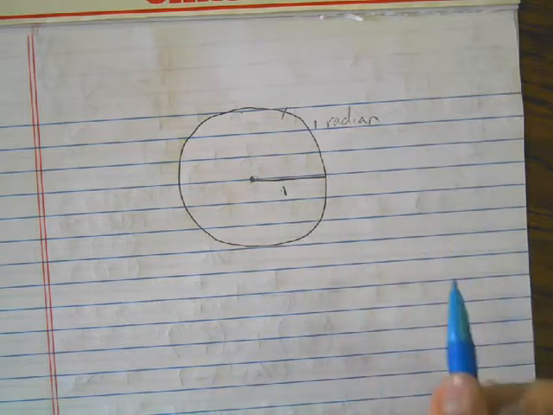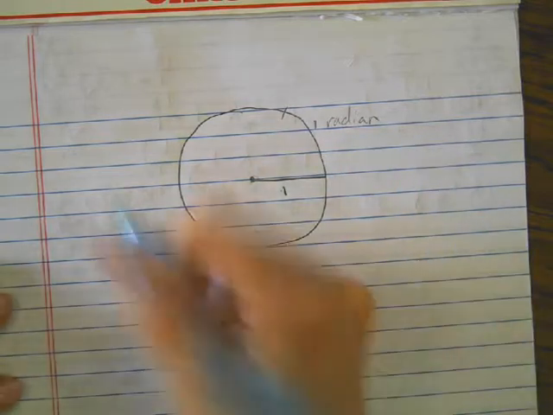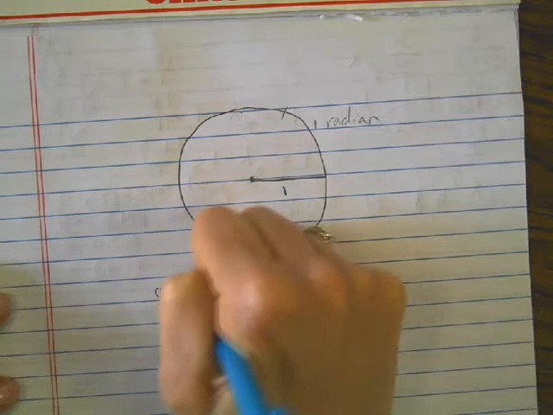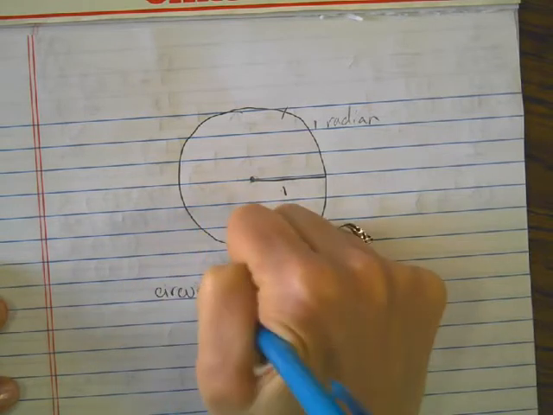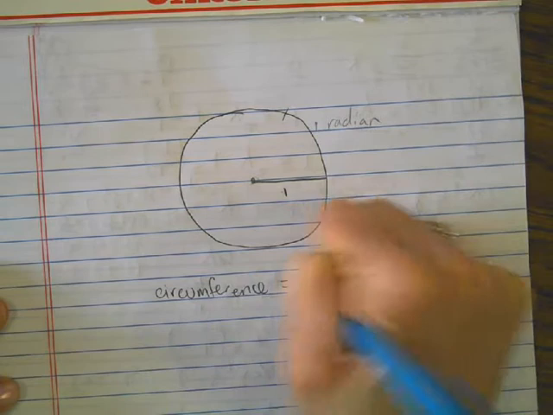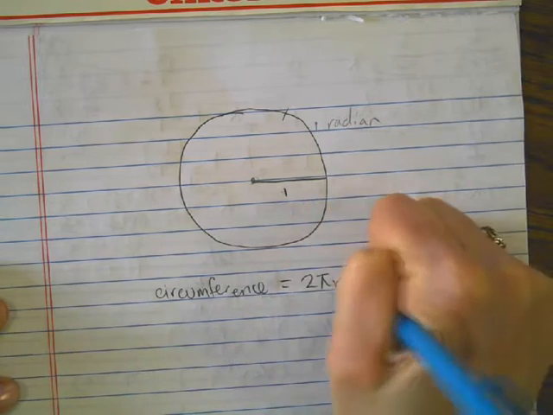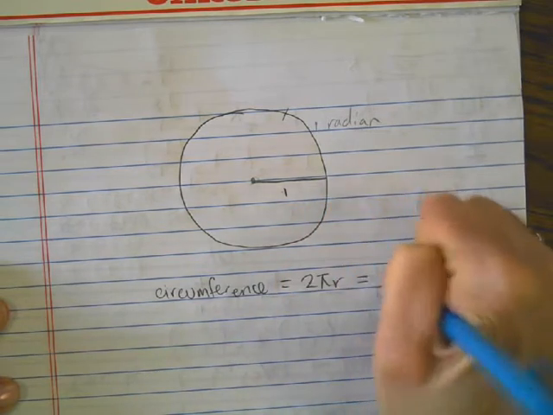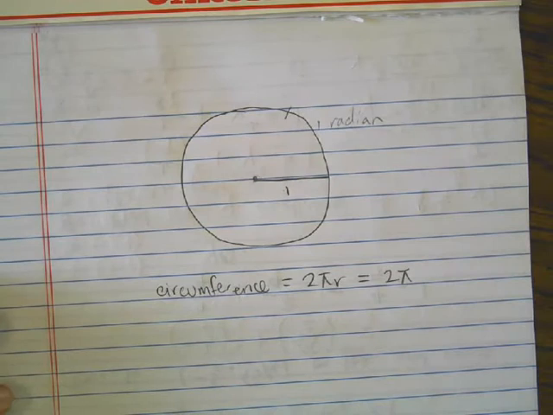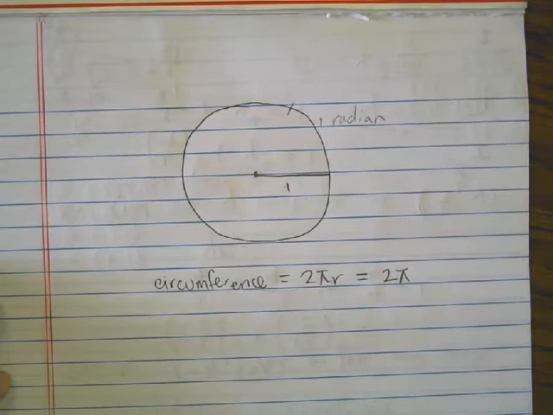Why is this important? Because if we know that the circumference of a circle is 2 pi r, then the circumference of the unit circle is 2 pi, because r is 1. So, if people ask us where is pi on the unit circle?